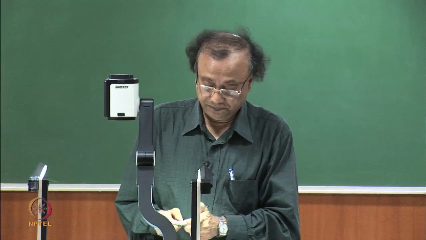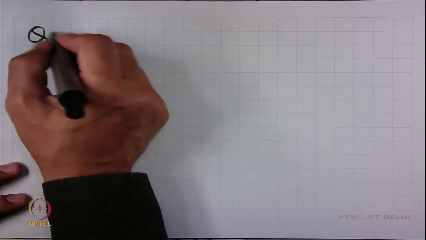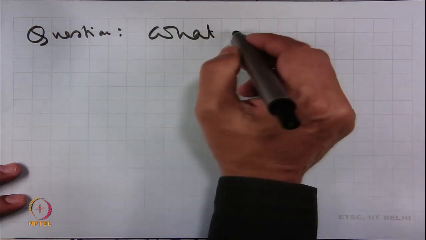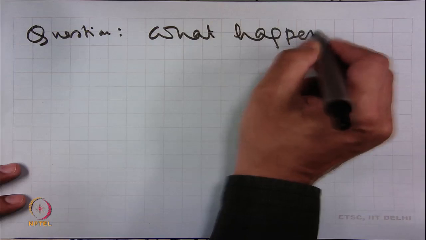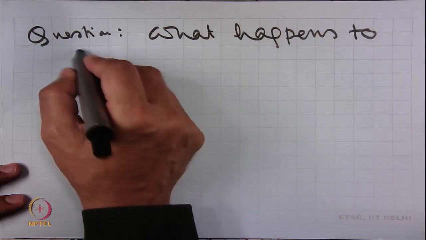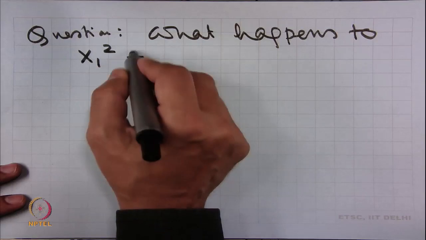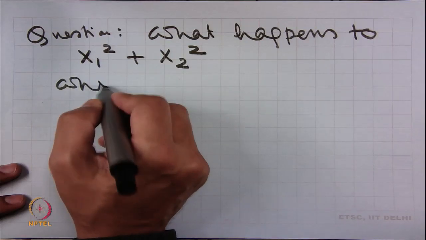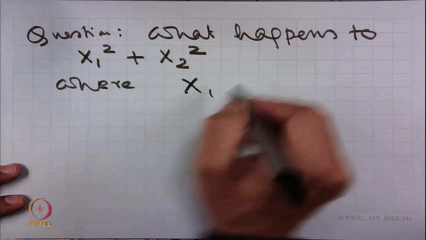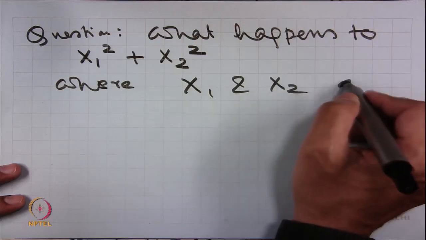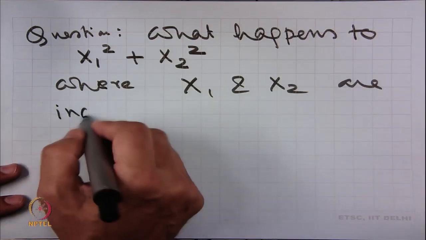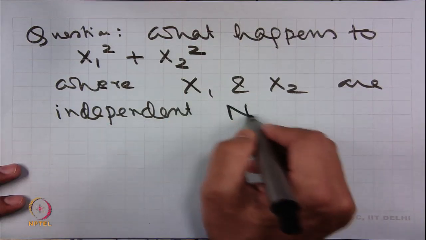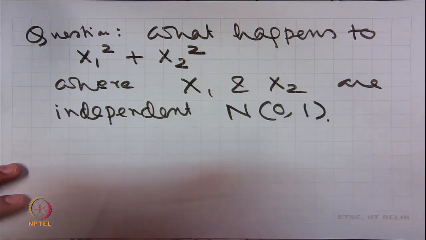Now, the question is, what happens to x1 square plus x2 square, where x1 and x2 are independent normal 0 1.